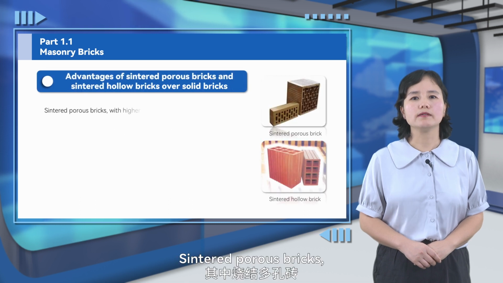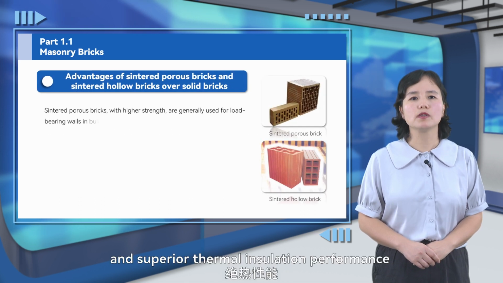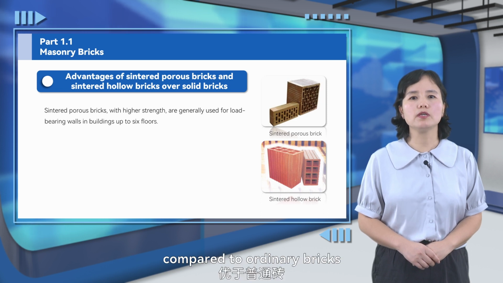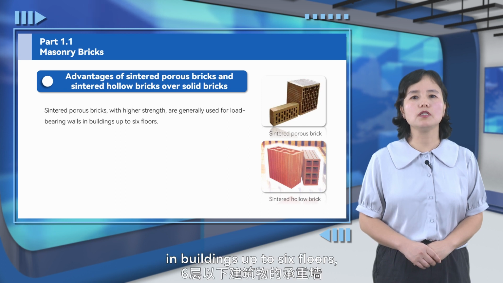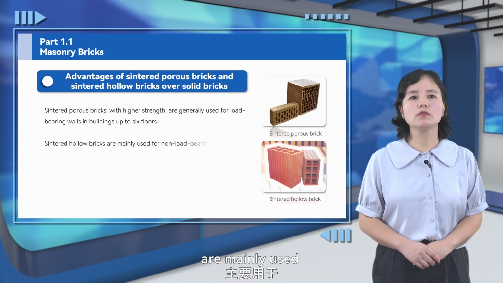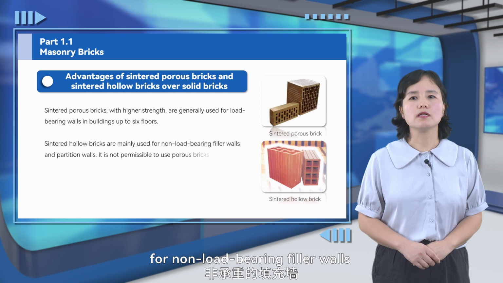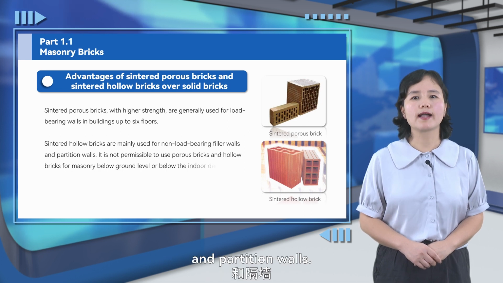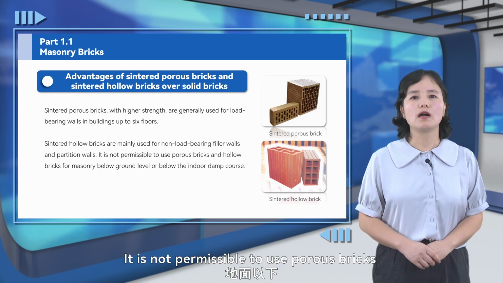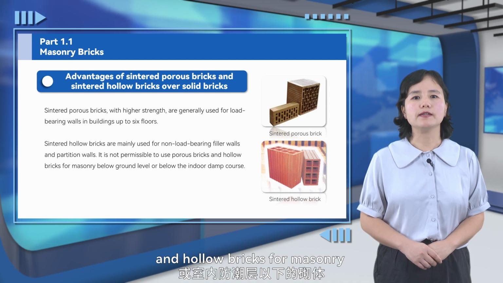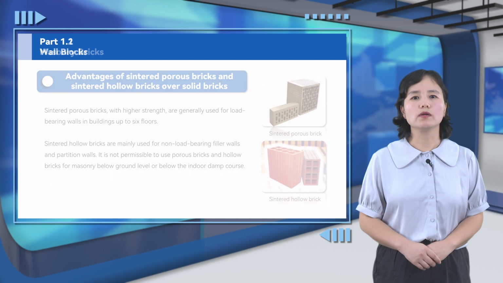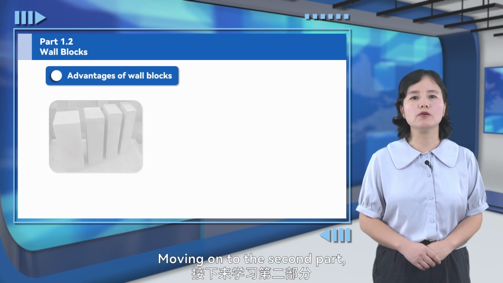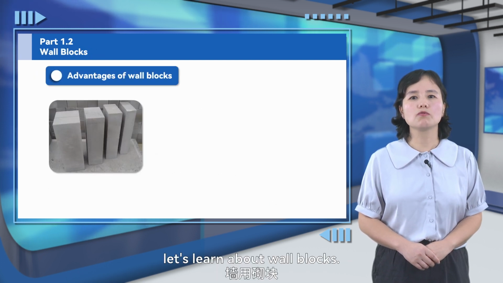Sintered porous bricks, with higher strength and superior thermal insulation performance compared to ordinary bricks, are generally used for load-bearing walls in buildings up to 6 floors, while sintered hollow bricks are mainly used for non-load-bearing filler walls and partition walls. It is not permissible to use porous bricks and hollow bricks for masonry below ground level or the indoor damp course. Moving on to the second part, let's learn about wall blocks.